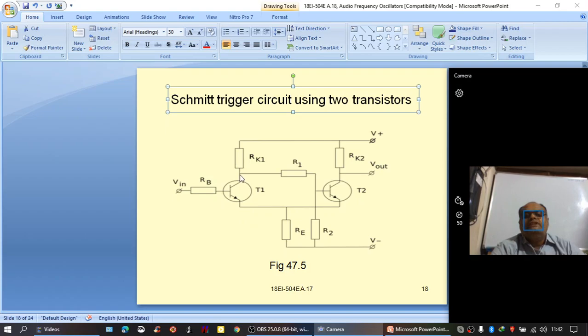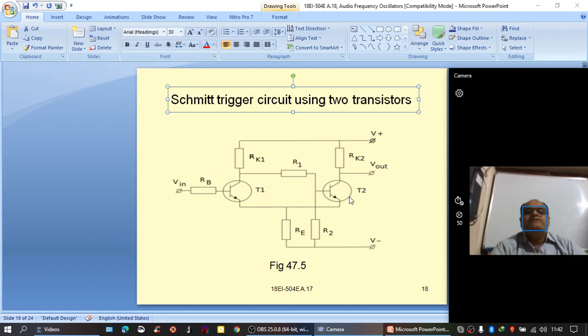Further, that voltage is divided by a potential divider between R1 and R2. That is, the voltage at the base here is VCE of transistor T1 plus VRE divided by R1 plus R2 into R2, which is not sufficient enough to drive this transistor into conduction.